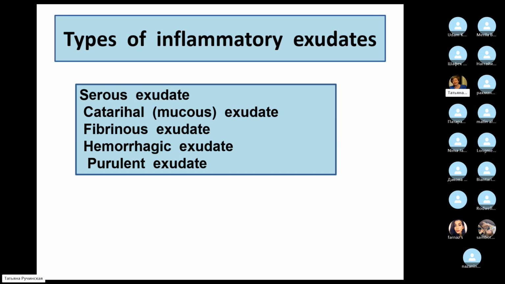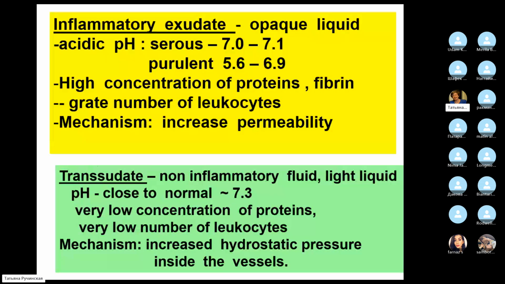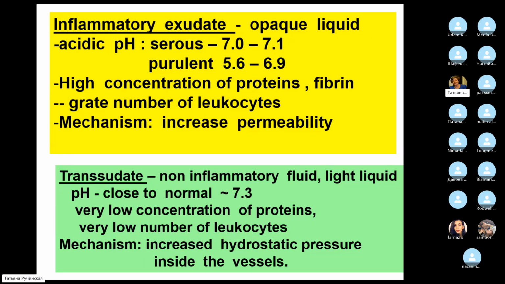You see the pH of this one. Look, the pH in exudate is acidic. In serous, it is decreased.